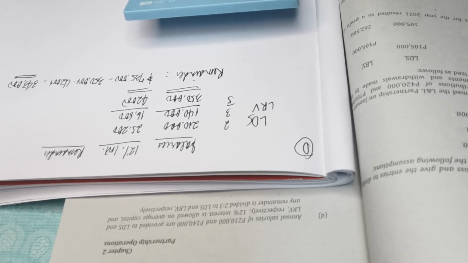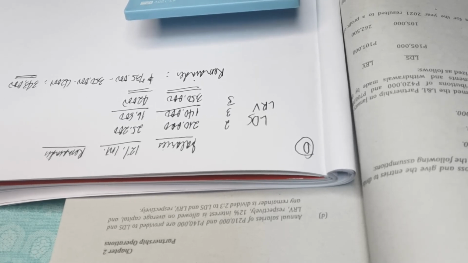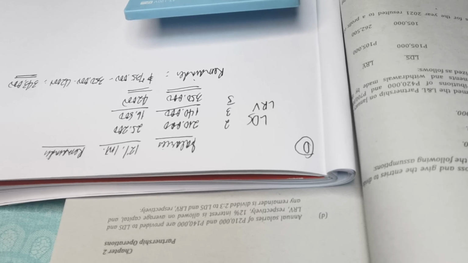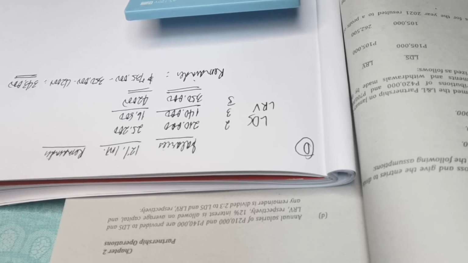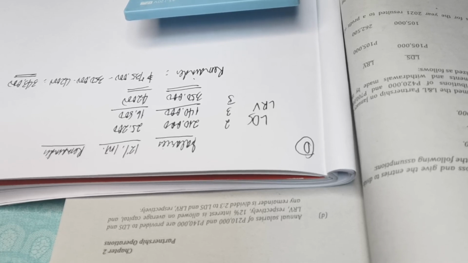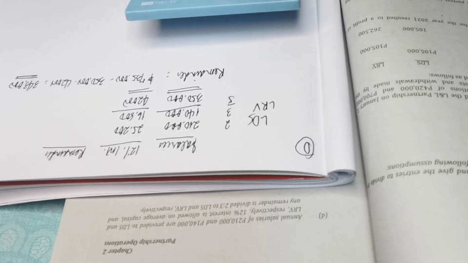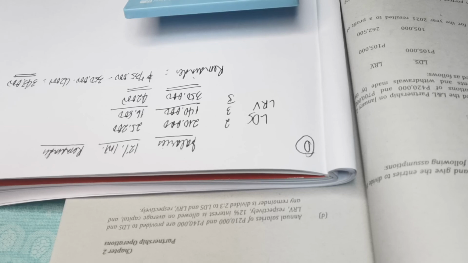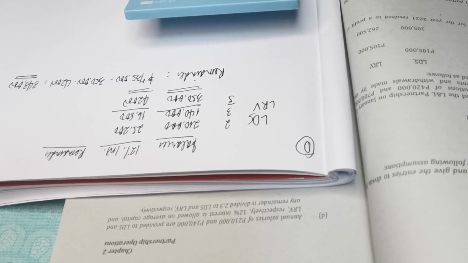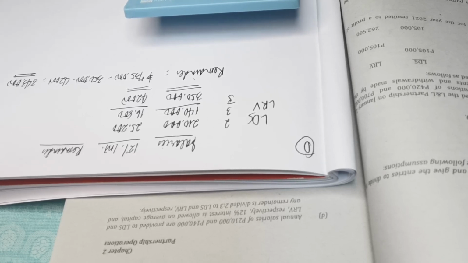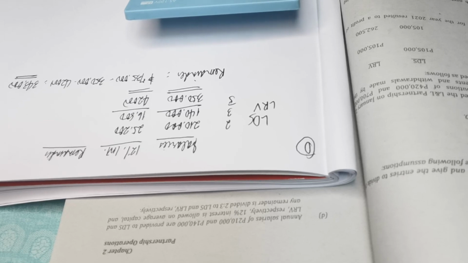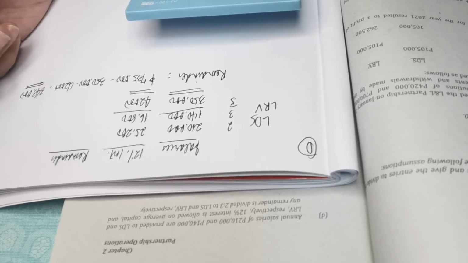Bakit 343? 735 less 350, 385 minus 42, 343.